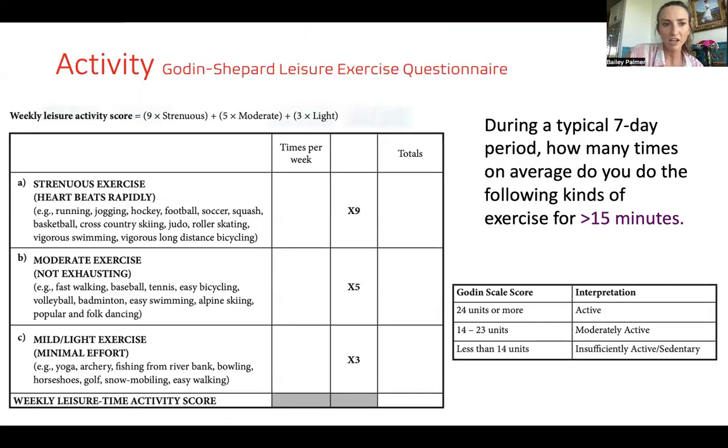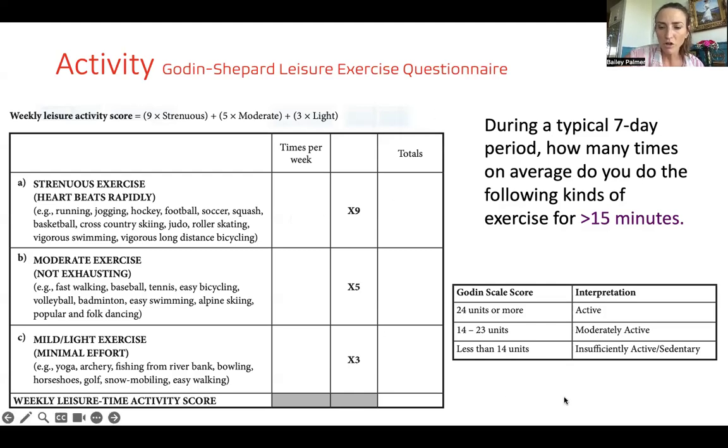This last thing that I'll have you do is figure out where you fall on this scale. So what we're looking at is how many times per week are you doing strenuous exercise? How many times moderate? How many times light or mild exercise? And then you multiply it by either 9, 5, or 3.